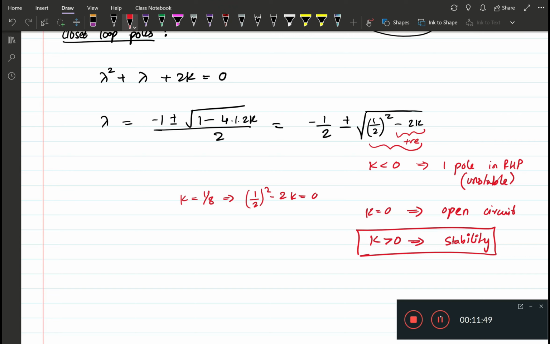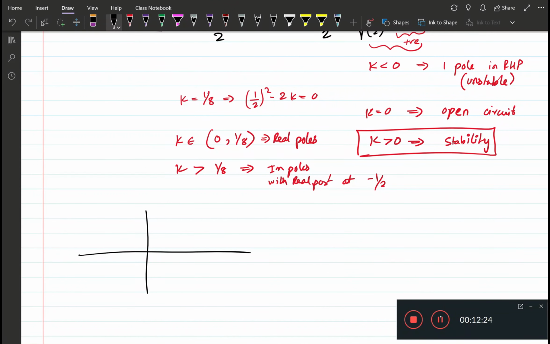So for any k between 0 and 1 over 8, we would have this term less than half squared, and that would mean we would have real poles. And for k greater than 1 over 8, we would have imaginary poles with real part at minus a half.